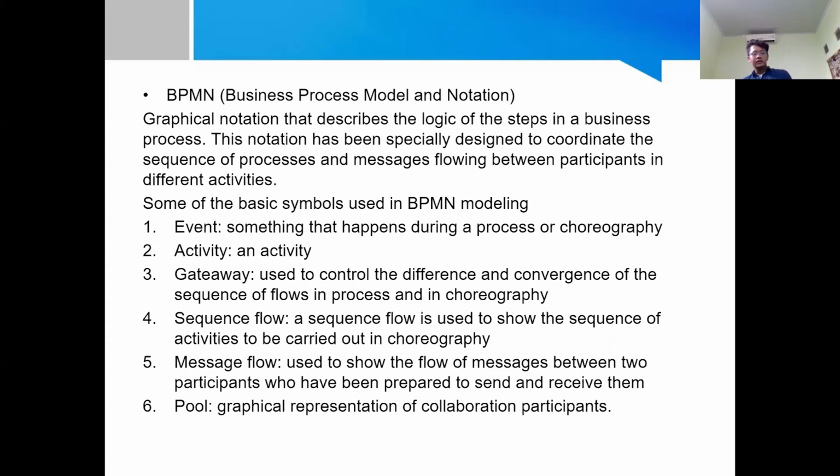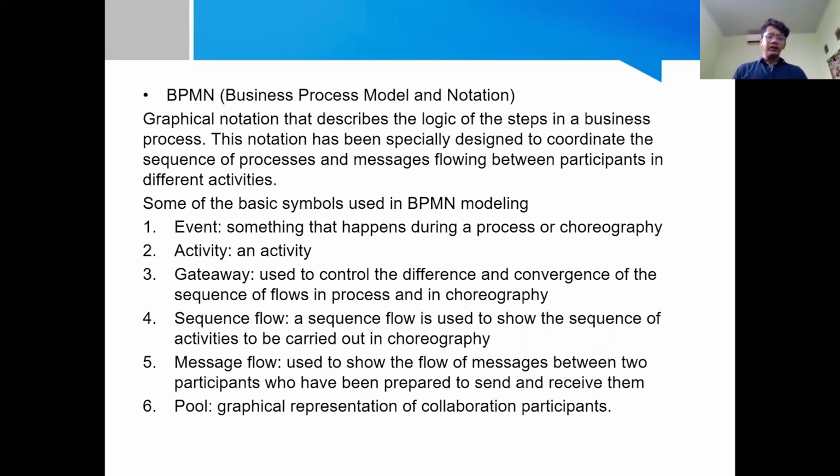One, event, something that happens during a process or choreography. Number two, activity, an activity. Number three, gateway, used to control the divergence and convergence of the sequence of flow in a process and choreography. Number four, sequence flow.